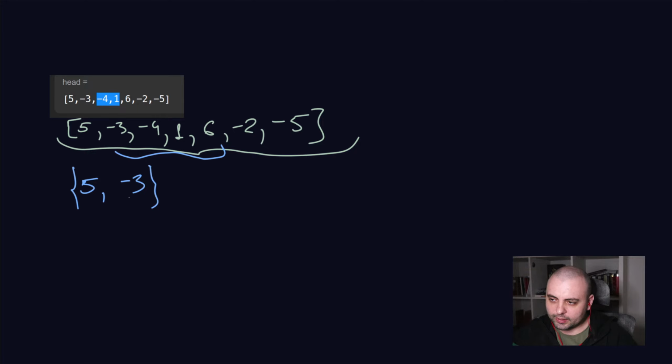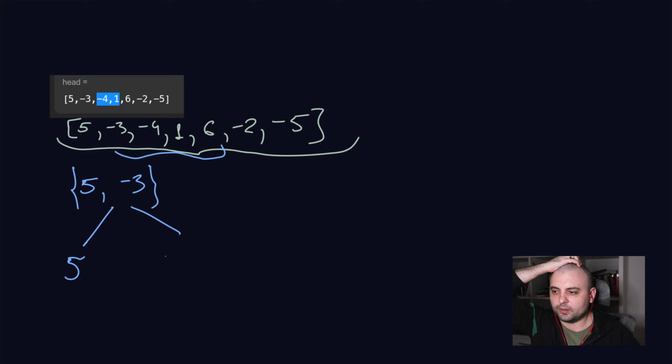So in this case, we may have 2 options. Like 5, it's not part of any sequence. Or 5, it's part of a sequence. So 5 could be part of nothing, or it could be part of some sequence which will be nullified later on. So we have a branch here.